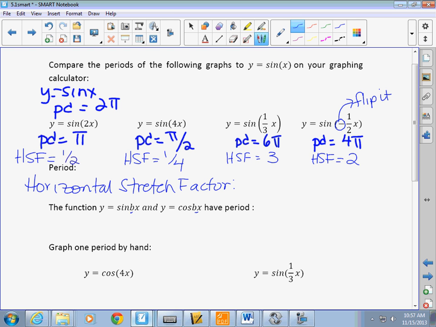Okay, so it says the function y is equal to sine of bx or y is equal to cos of bx has a period equal to 2 pi over, because 2 pi is our normal, right? And what we did is we divided it by whatever our b value was.